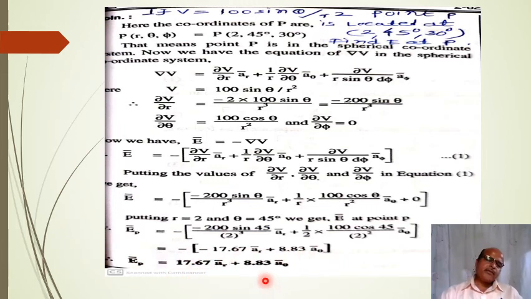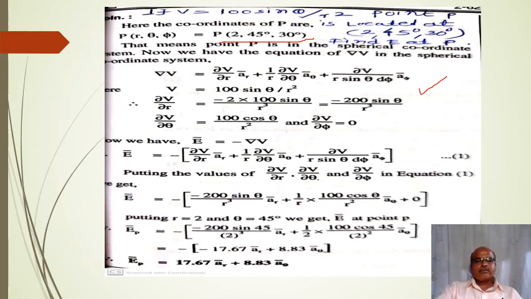So it is a very easy problem. According to me, in such type of problem, first we have to identify the coordinate system, which is very important. And how do we find the coordinate system? By the location of point P. Those students who have not attended the coordinate system part should revise it and attend the previous video lectures, then you can understand.